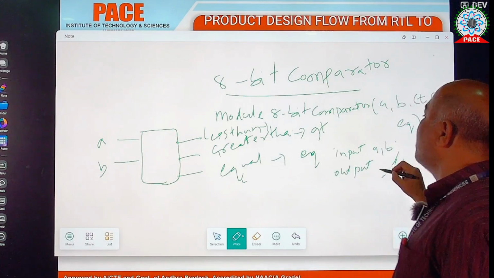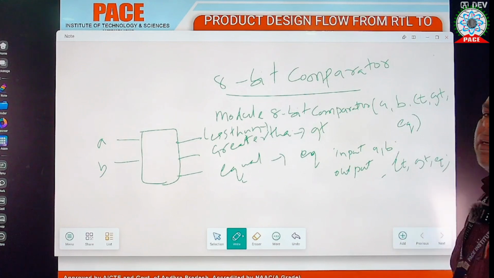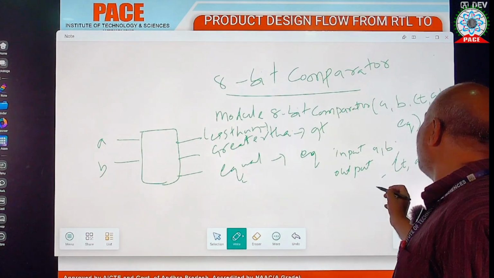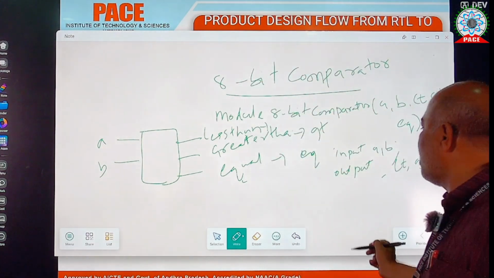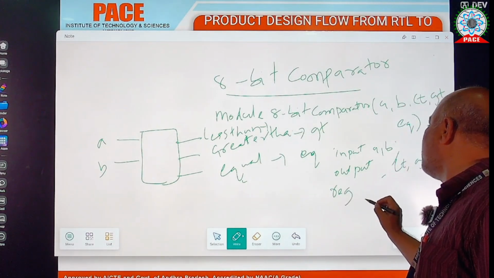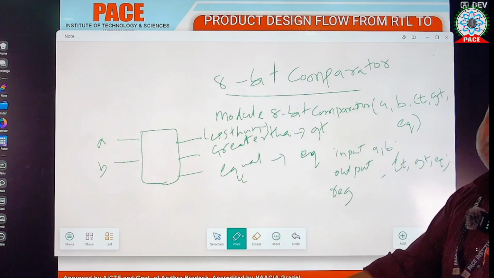Then write the code. The output is stored in a register, so you need a register to store the value. You can write reg, because reg is considered as the output: LT, GT, and equal.